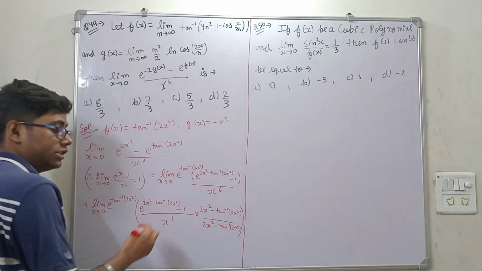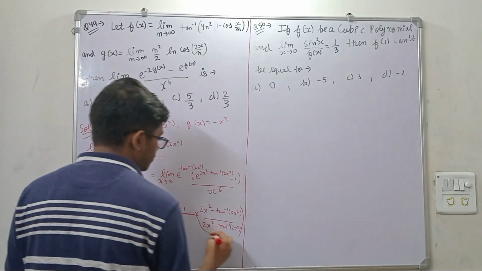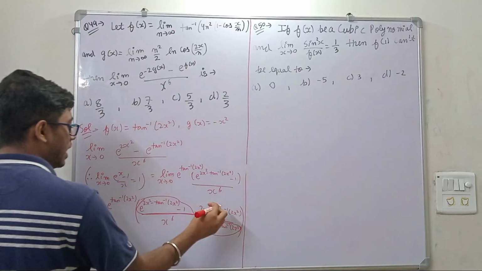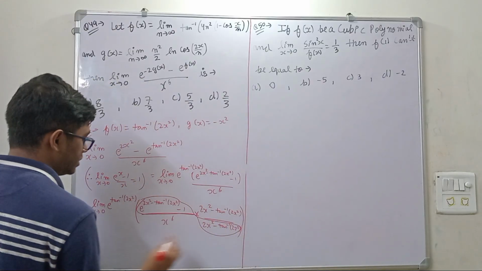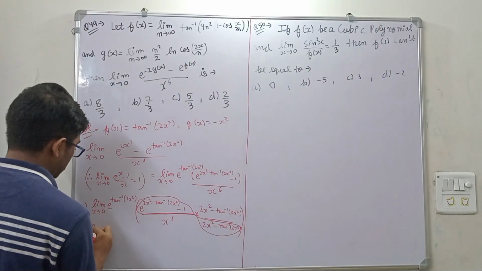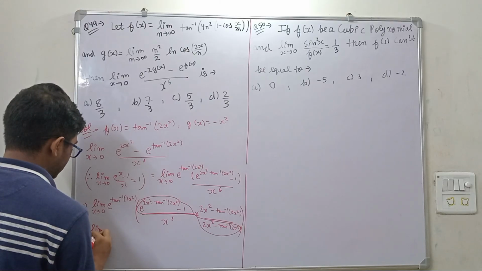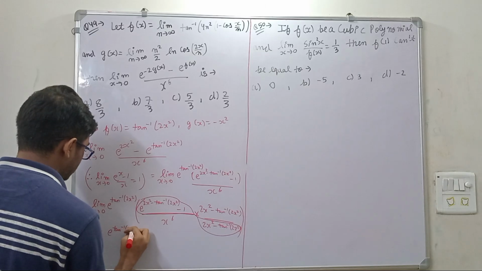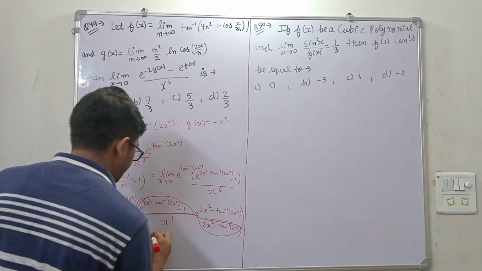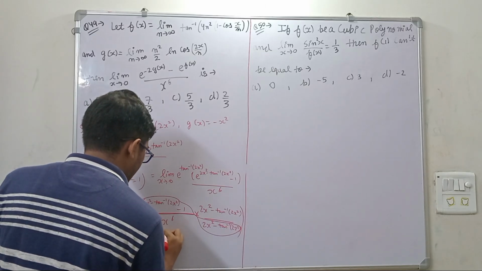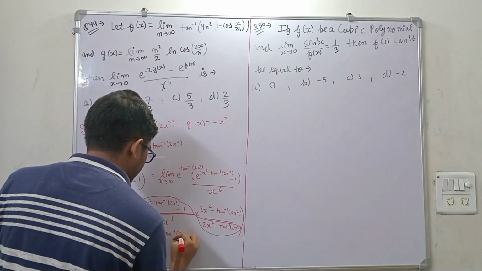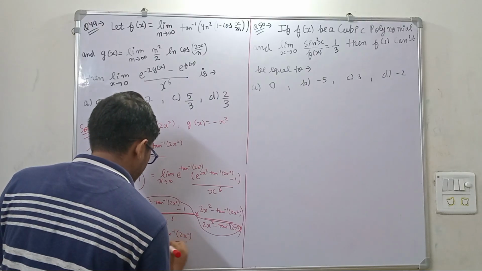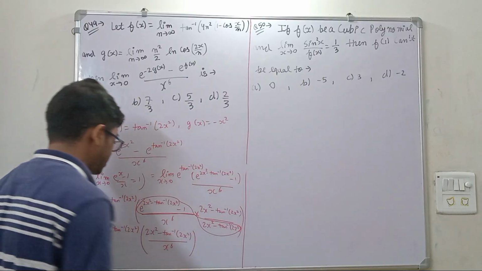So this whole limit will be equal to 1 and the remaining limit will look like this: limit x tends to 0 e to the power tan inverse 2x square and (2x square minus tan inverse 2x square) upon x to the power 6.